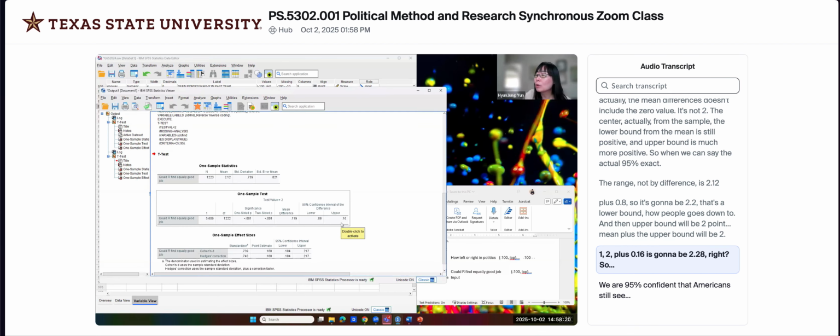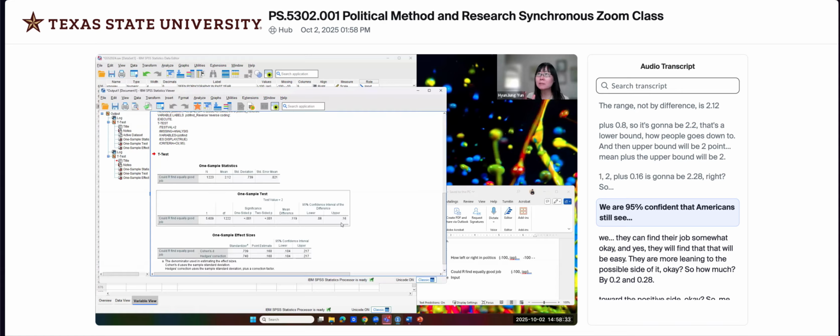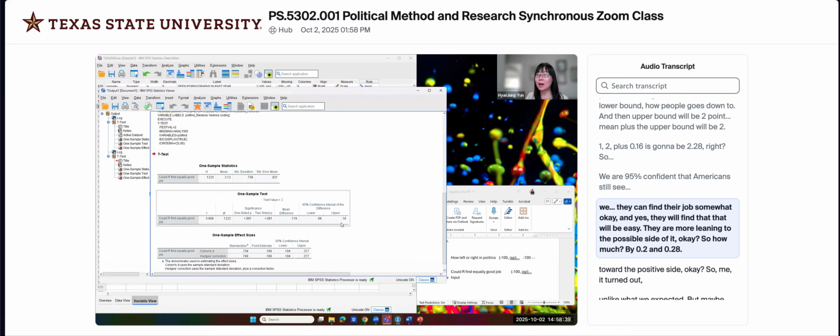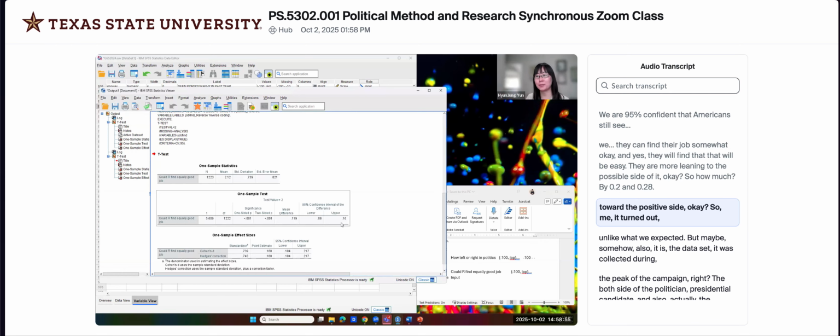So we are 95% confident that Americans still see they can find their job somewhat okay, and yes, they will find it will be easy. They are more leaning to the positive side of it. Okay, so how much? By 0.04 to 0.28 toward the positive side.